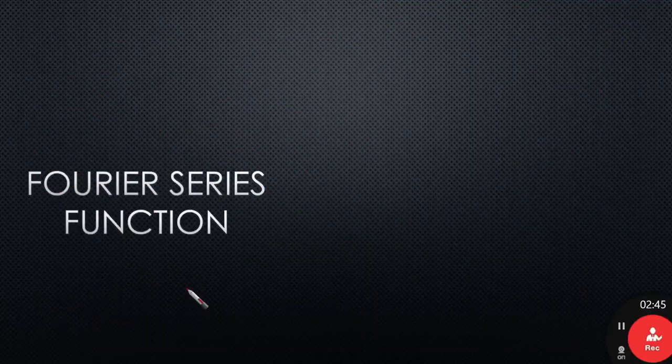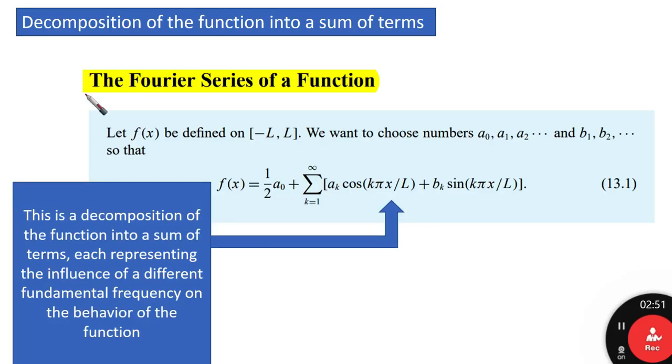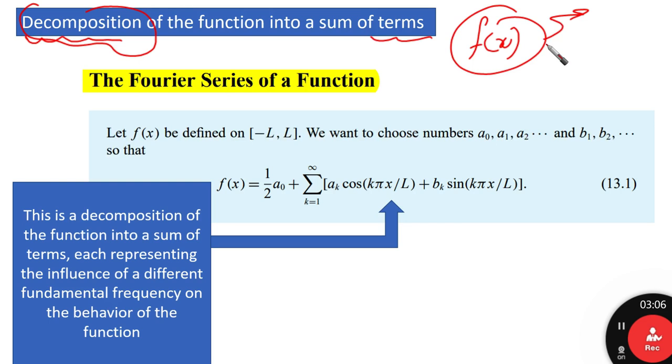Okay, now let's go to the mathematical part of the Fourier series function. Let's start with the decomposition of the function into a sum of terms. This is the idea we were talking about: we are going to decompose any function f of x into several functions related to sine and cosine.